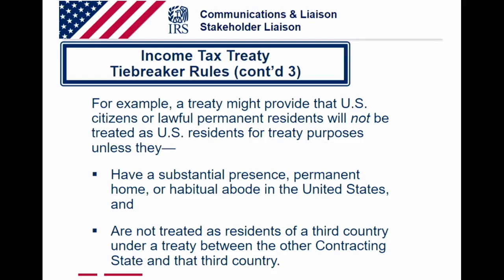For example, a treaty might have a provision that U.S. citizens or lawful permanent residents, meaning green card holders, will not be treated as residents of the United States for treaty purposes unless they have a substantial presence, permanent home, or habitual abode in the United States, and they are not treated as residents of a third country under a treaty between the other contracting state, meaning the other country, and that third country.